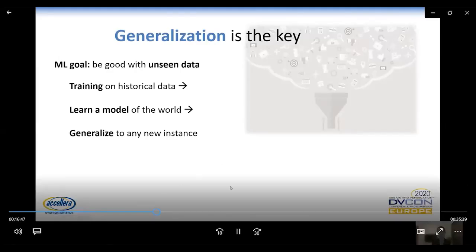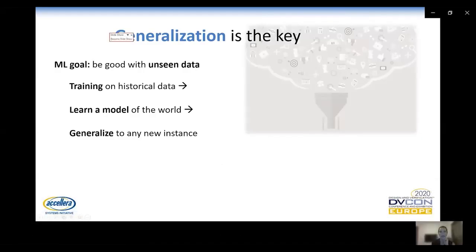The next step is generalization. The goal is to be able to predict on data that the algorithm has not seen before. So what we are doing is learning a model, which is a statistical model that is being built using historical data, which is called the training phase.